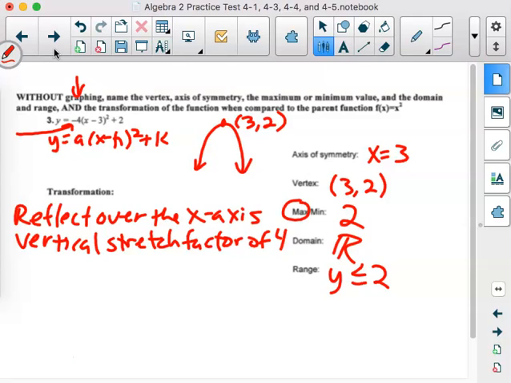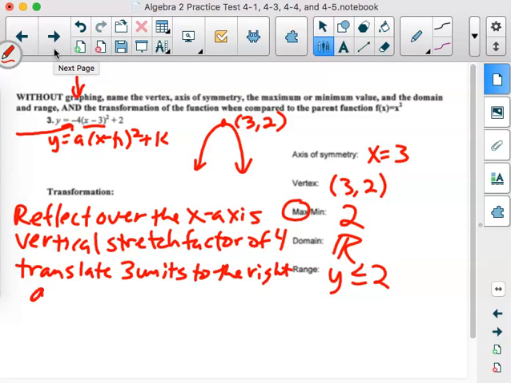And then we had our vertex, which normally for the parent function would be at 0, 0, but it was moved to 3, 2 because this x minus 3 means translate 3 units to the right and the plus 2 in the back, 2 units up.